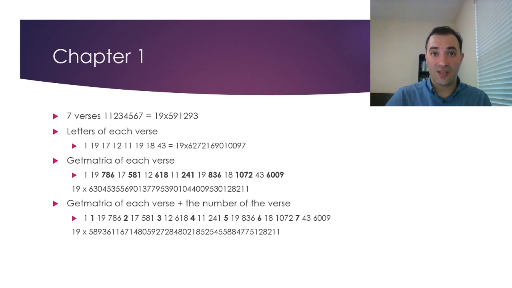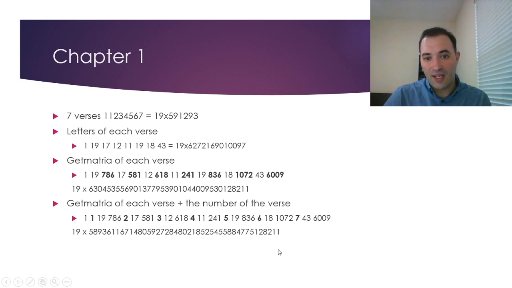This is very interesting. Now, we have gematria of each verse plus the number of the verse. Chapter 1, verse 1, 19 letters, gematria. Chapter 2, 17 letters, gematria. Verse 3, 12 letters, gematria. And so on, 4, 5, 6.